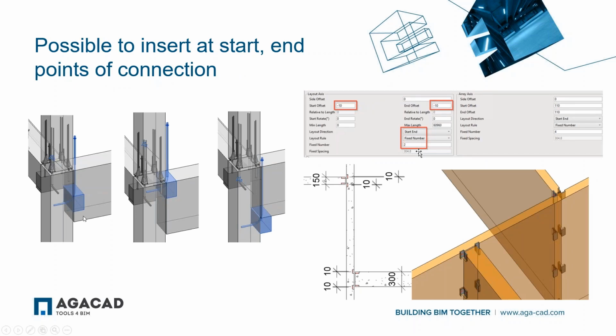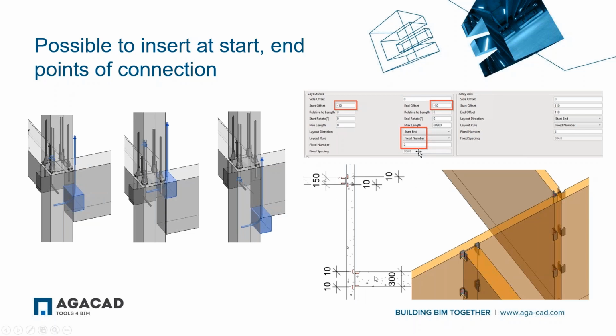So just keep in mind some of the features you can see here. Now you can insert, let's say, a connection in the center, at the top, or at the bottom. This can be used to define where the detail in the connection will be inserted, and it reduces the number of rules you have to create.